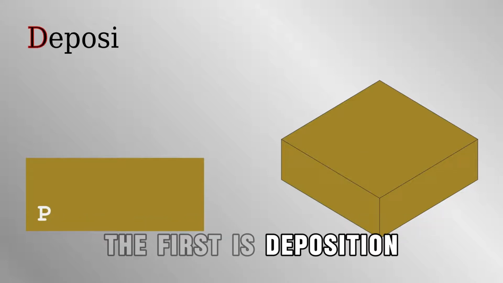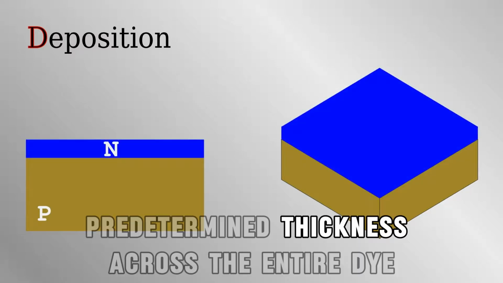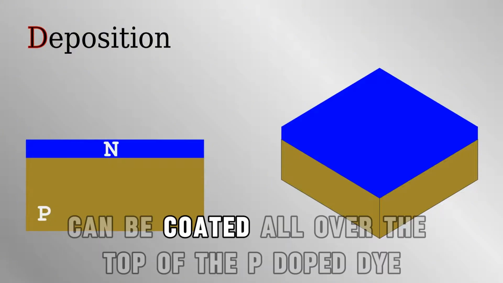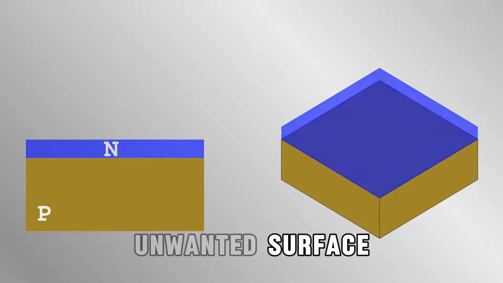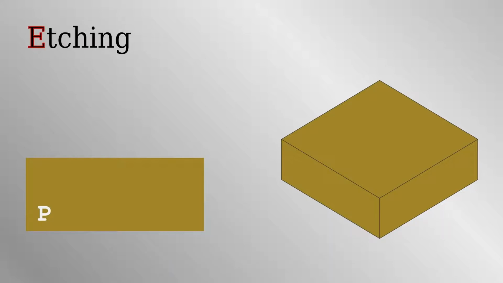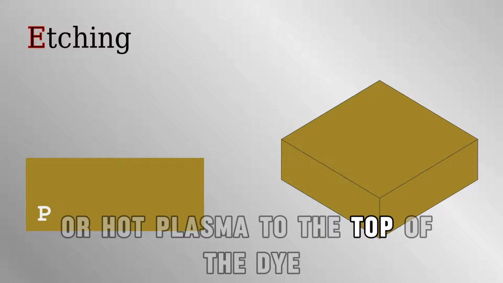The first is deposition, chemically building up a layer of controlled, predetermined thickness across the entire die. This means that, for example, N-doped silicon can be coated all over the top of the p-doped die. Unwanted surface material is then removed by a second technique called etching. This is done by applying chemicals or hot plasma to the top of the die.